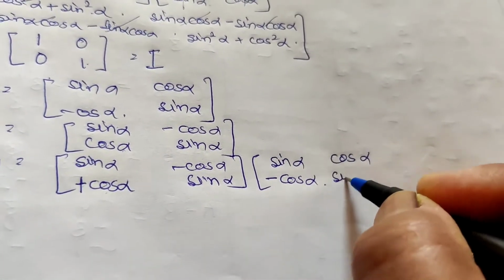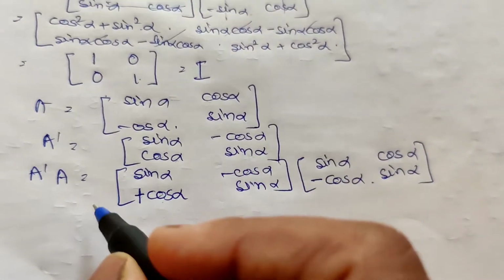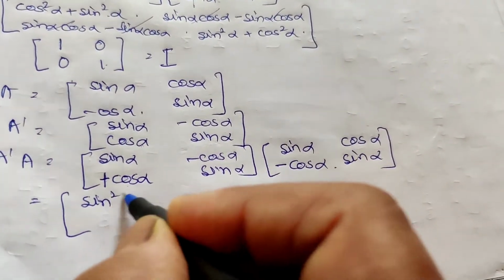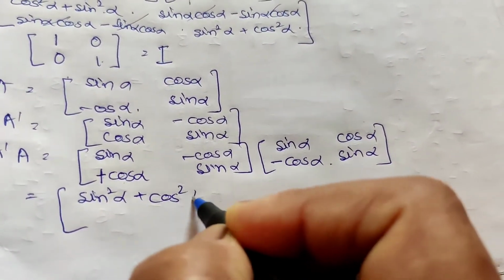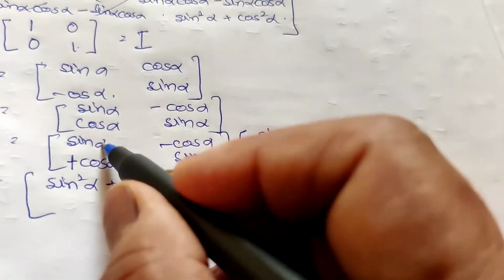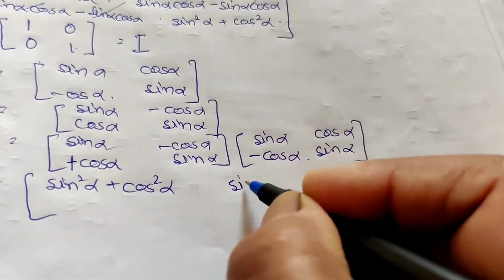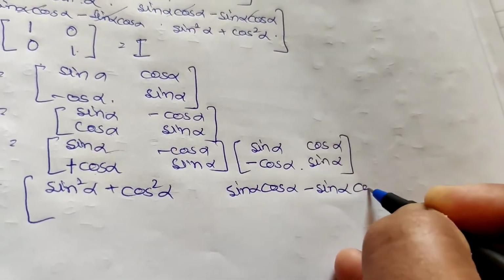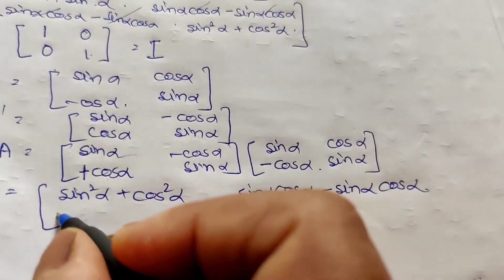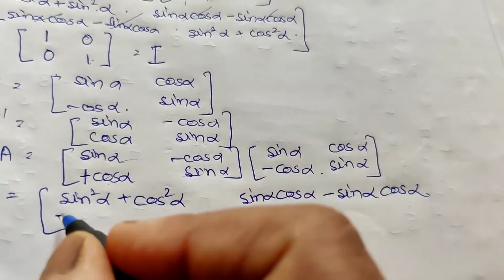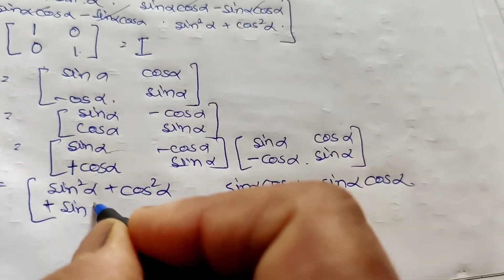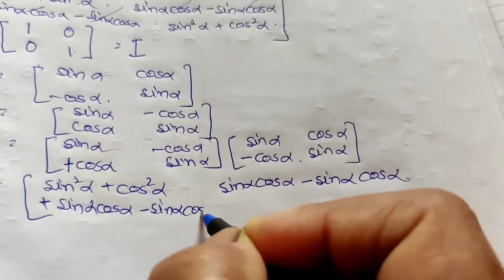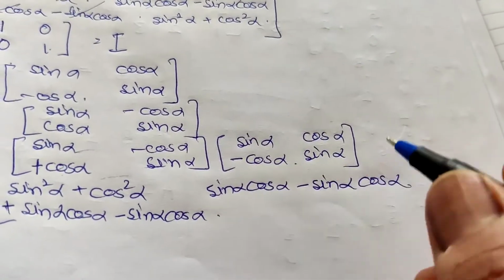Cos alpha and sin alpha. Now the product. First row, first column is sin square alpha plus cos square alpha. First row, second column: sin alpha cos alpha minus sin alpha cos alpha. Second row, first column: sin alpha cos alpha minus sin alpha cos alpha, and second row, second column: cos square alpha plus sin square alpha.